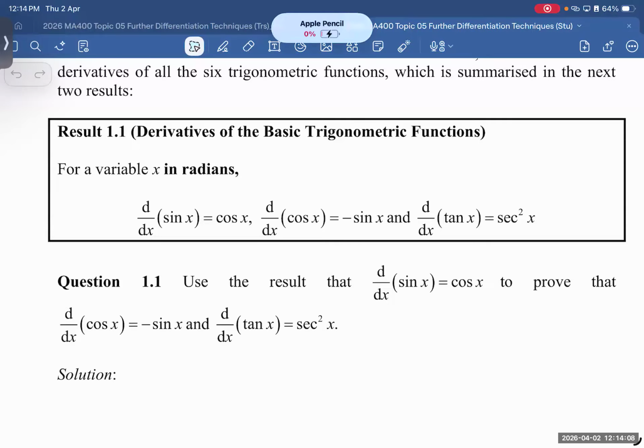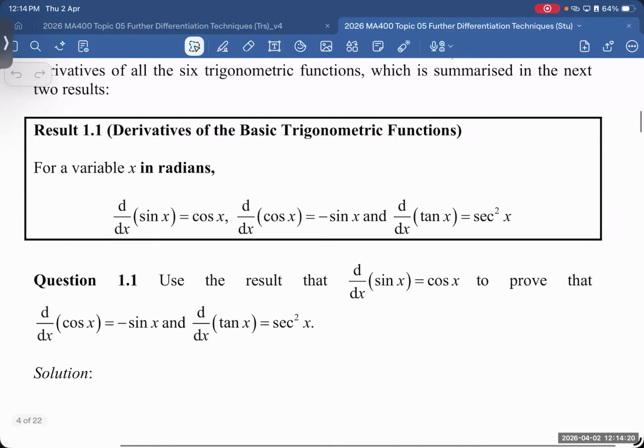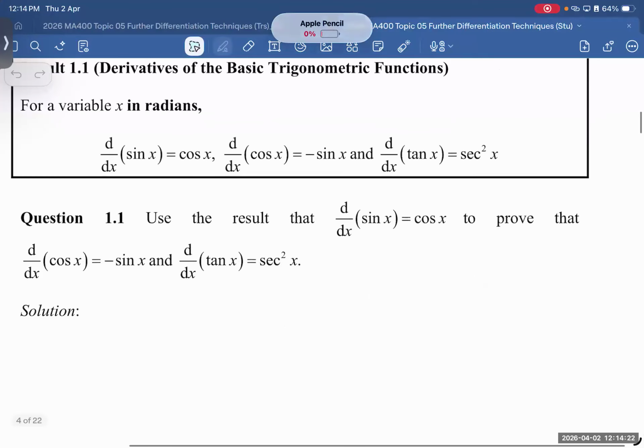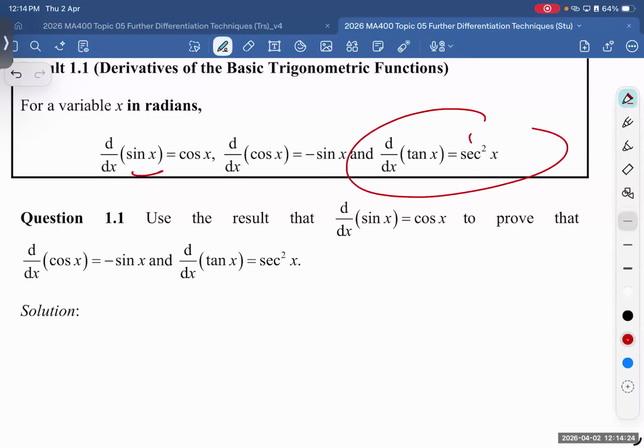Now for tangent, let's look at question 1.1. Sine and cosine I can't show you, fortunately, not at this moment. But tangent I can show you. Question 1.1.